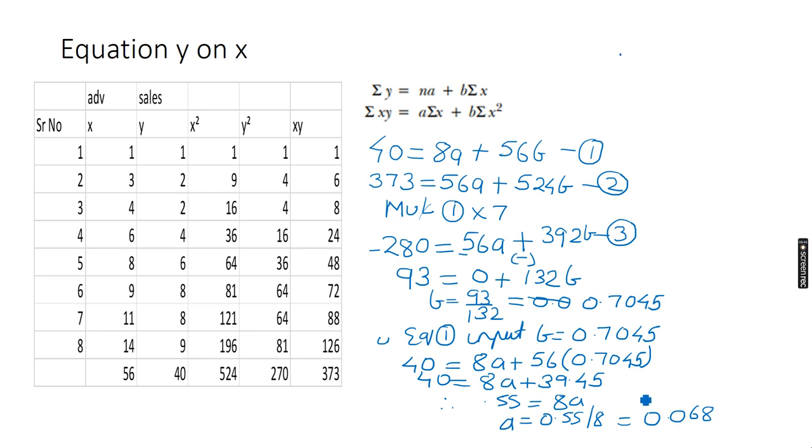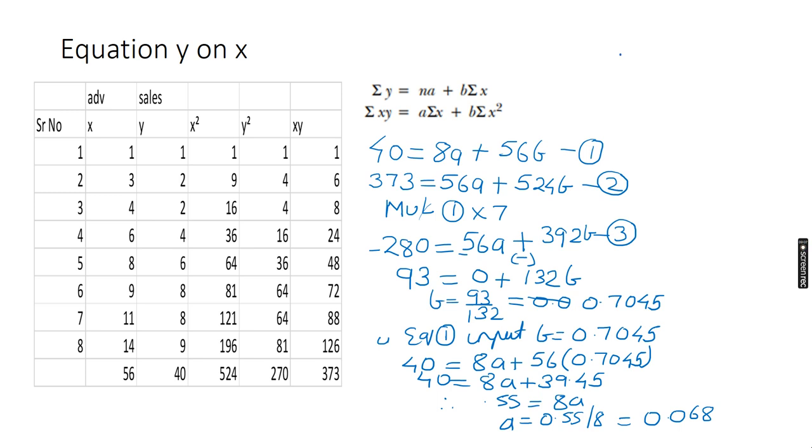So I have calculated and found a, which is the constant, 0.068, and b, which is the beta coefficient, was 0.7045. So this is the equation which we have used, the least square equation method.